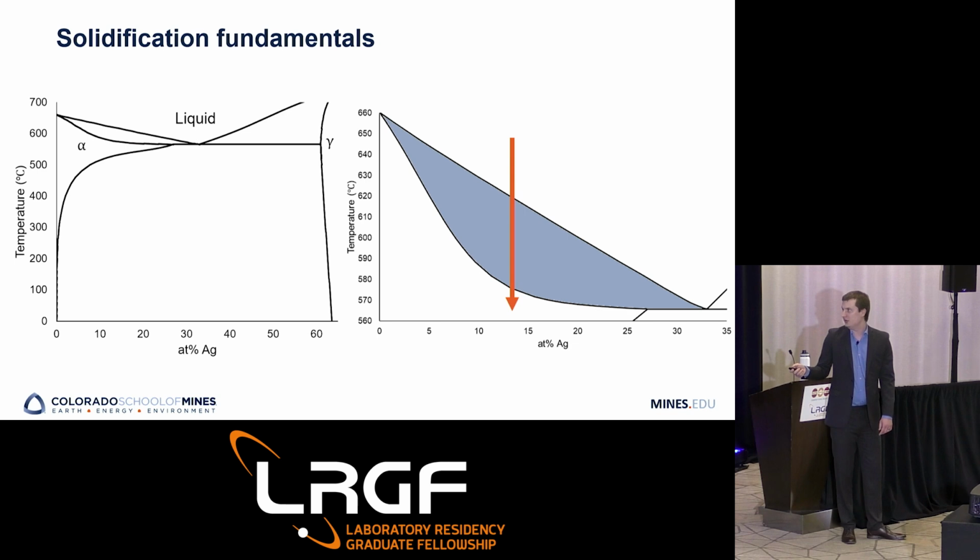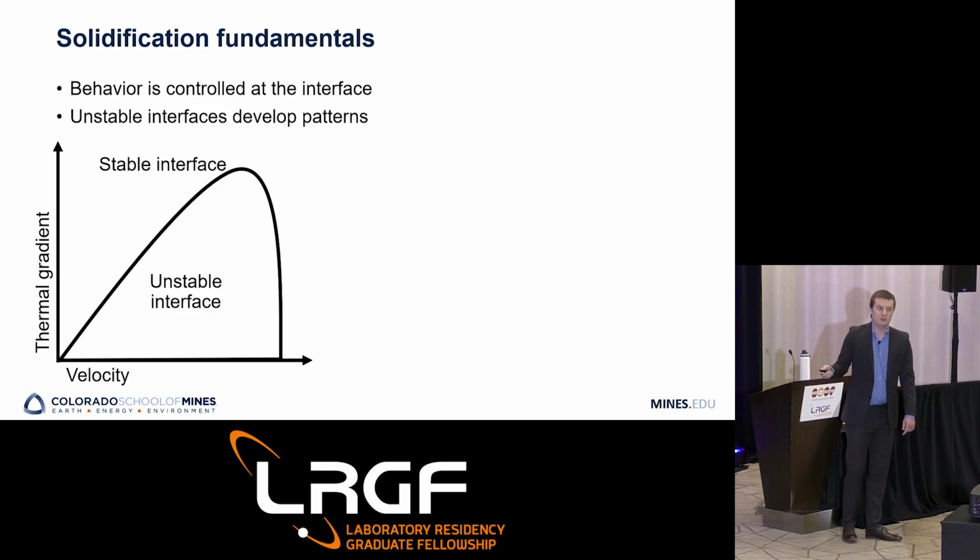So you form a solid with some composition over here, and then as you do that, you reject solute into the liquid, which means your liquid now has a lower melting point than it did before that solid formed, and that means you have a potentially higher thermodynamic driving force to solidify in that enriched liquid than you did before. So because of that, you can have an unstable interface where this liquid that's ahead of the solid-liquid interface wants to be a solid more than the liquid that's at the solid-liquid interface.